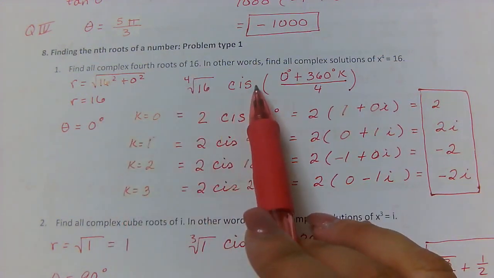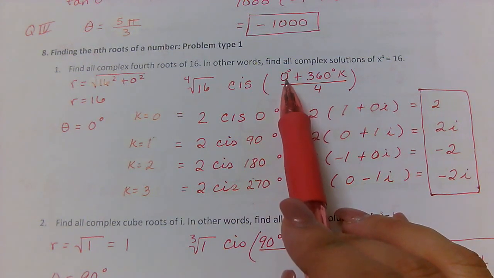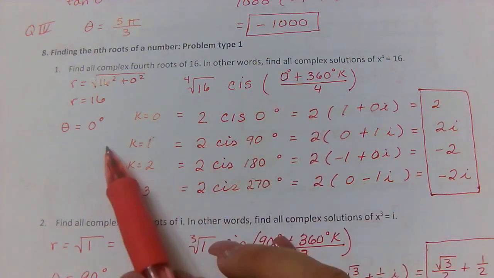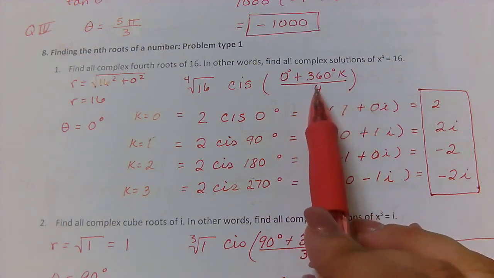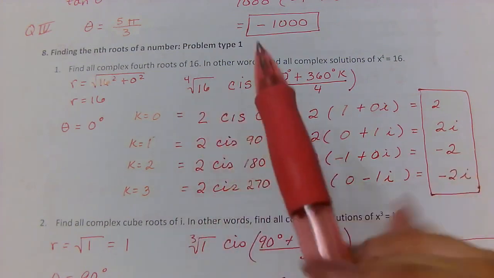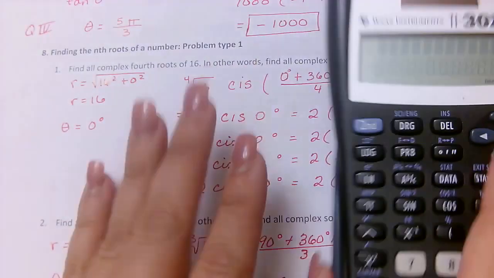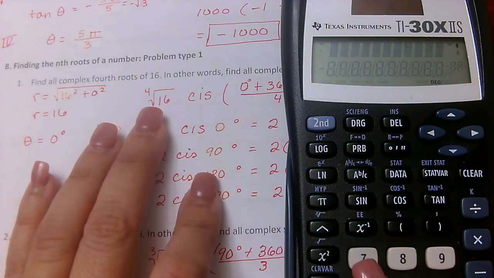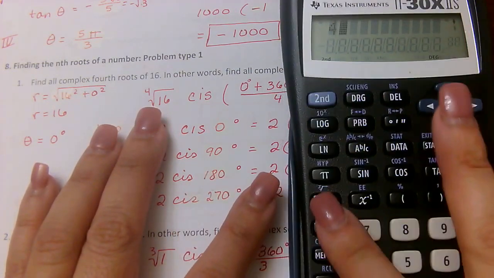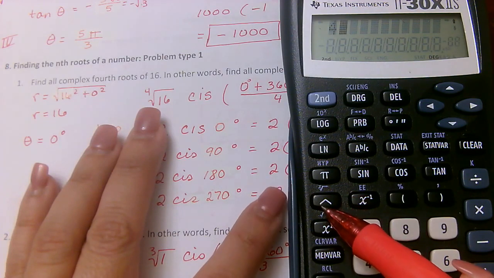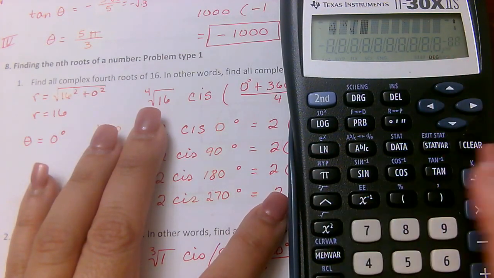CIS, and then I used the rest of the formula. Theta, which is 0, plus 360 degrees divided by n, and in this case is 4. You can evaluate this in the calculator. I'm going to do that for you here. I start with the 4, and I do second, and then you're going to be using the little caret right here. So I'm going to do that one.